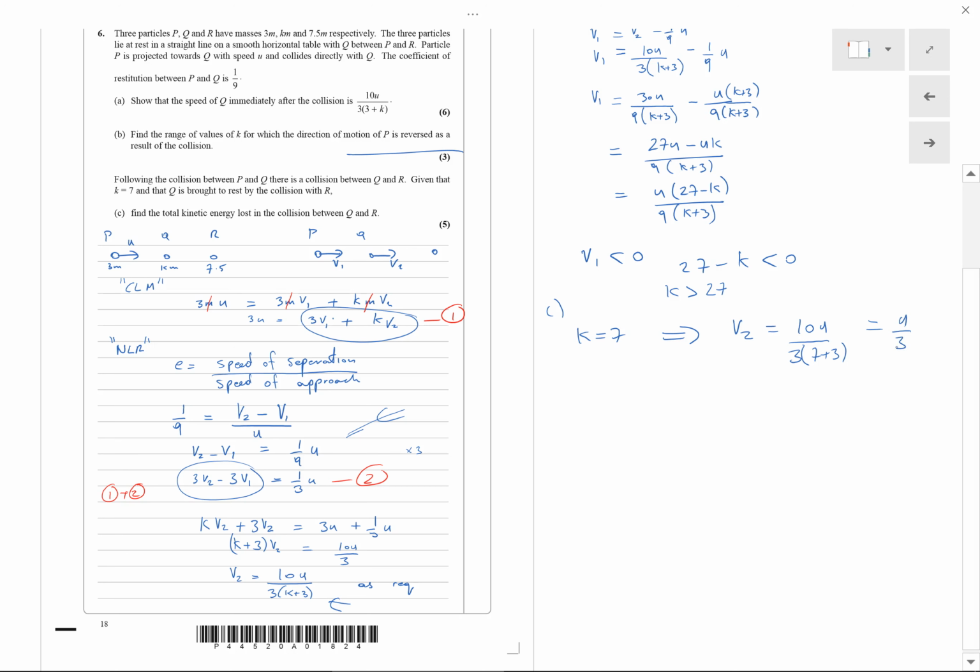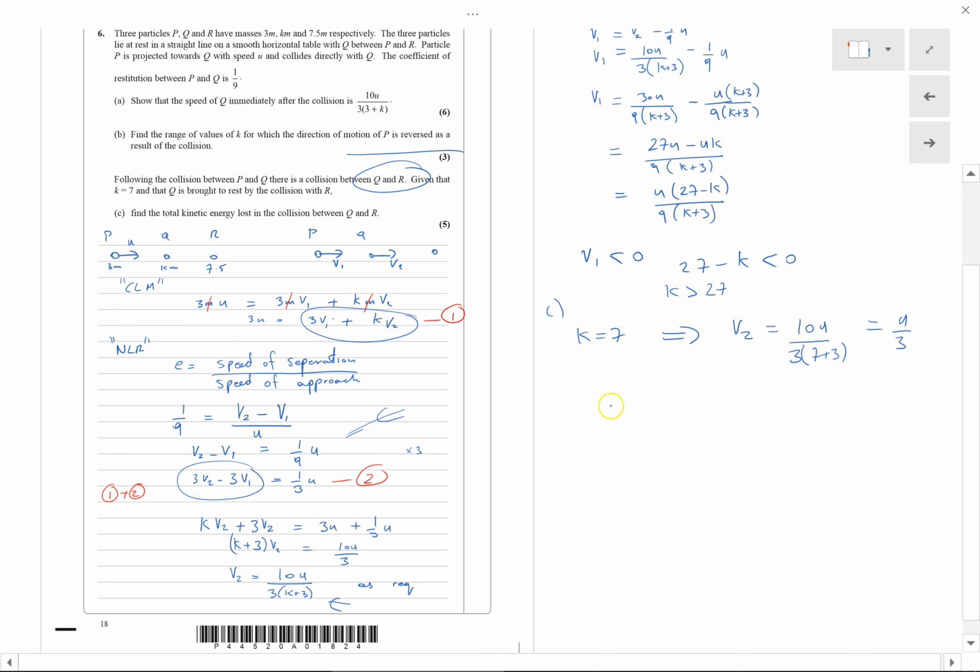I'm not actually sure if we need to evaluate V1 here, because it's not going to catch it up, and it talks about a collision of Q and R. So I reckon I probably don't need it.